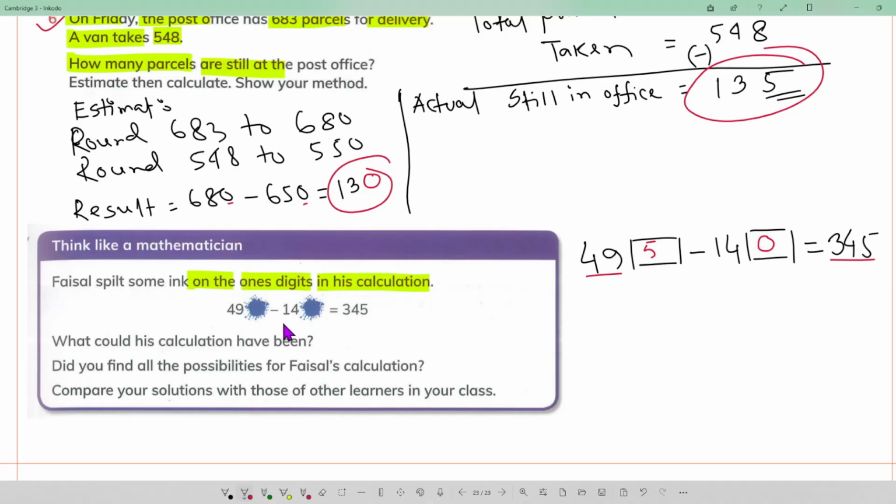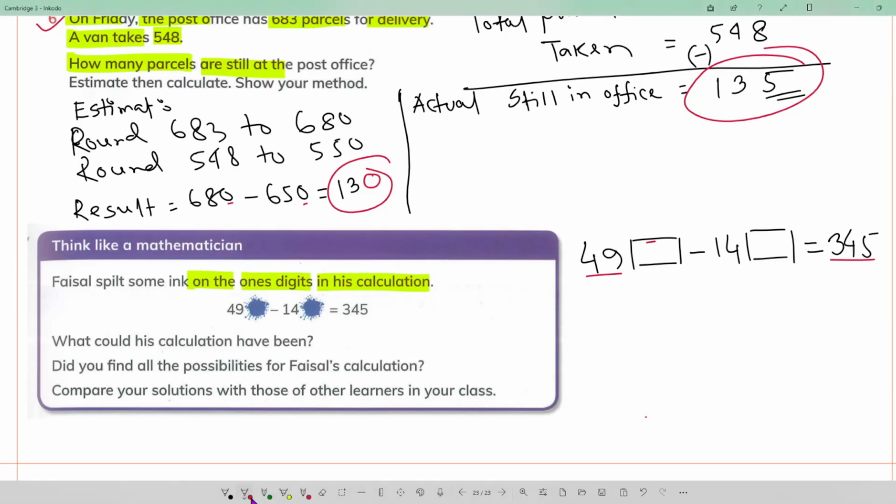Here is 14, right? So it's not possible. If we put 5, it's not possible. So we can change this one, or we can write 5 is not possible. If 5 is not possible, then 0 is also not possible. So you can change and think yourself.